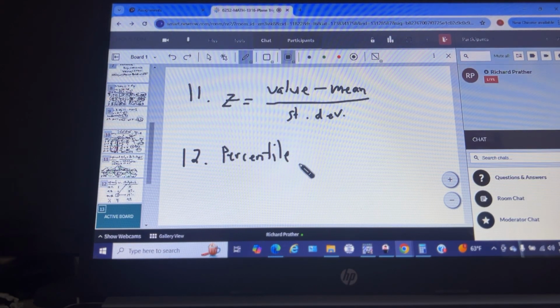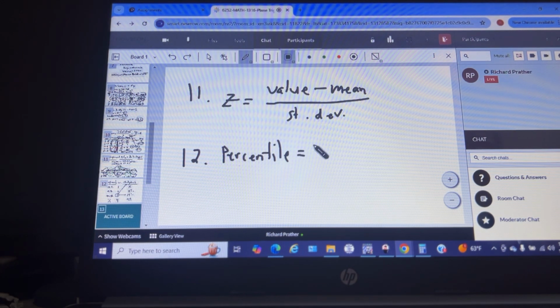If you take an SAT or an ACT and get the results back, they'll tell you the national average and the national standard deviation. They'll tell you what your score is, and then they give you a percentile. They might say you're at the 80th percentile. That means you're at or above 80% of the test takers, and that also means that 20% are above you. So the bigger the number, the better.